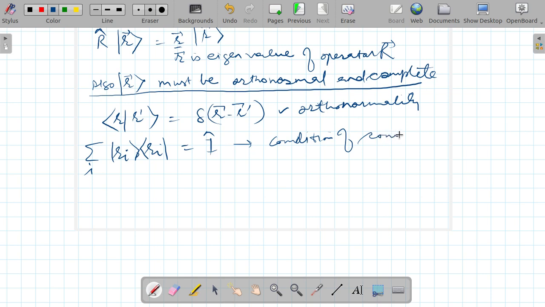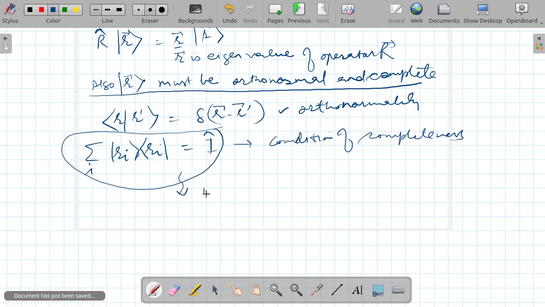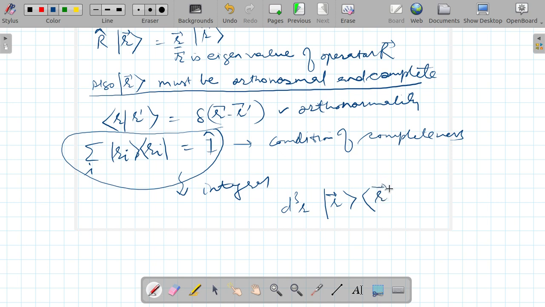This can also be written in terms of an integral. If we are in a three-dimensional space, its integral is equal to I, then it is also the completeness condition.